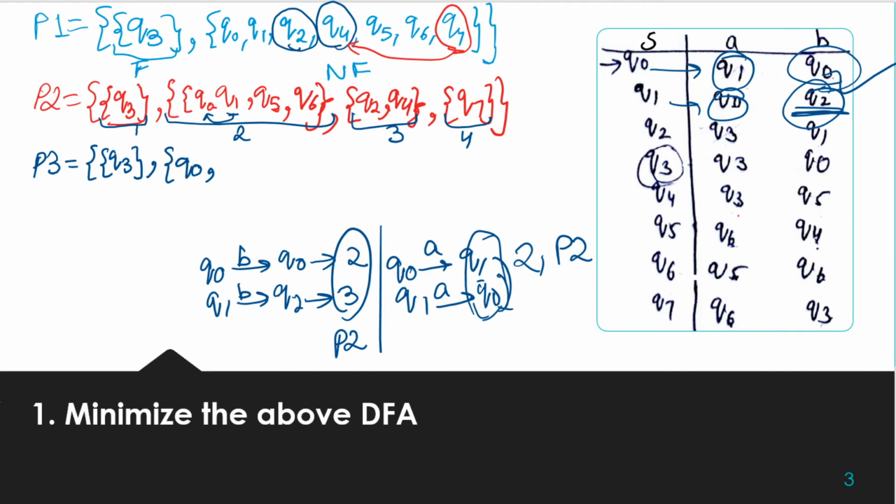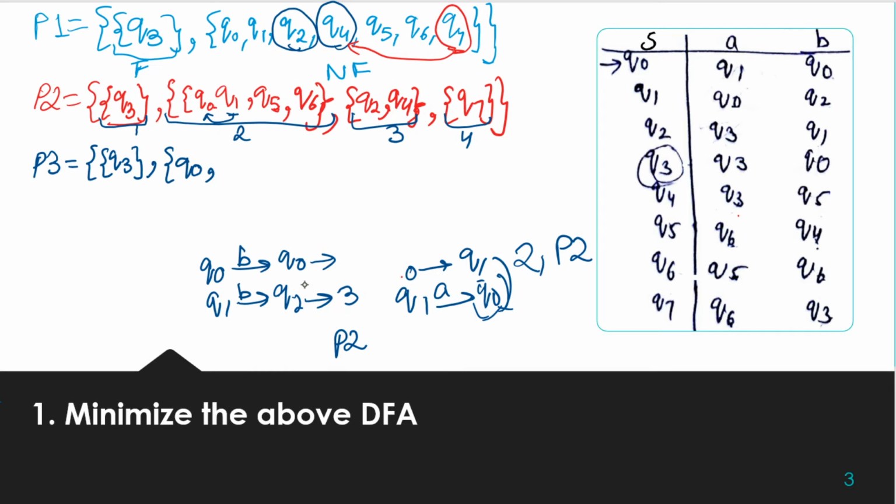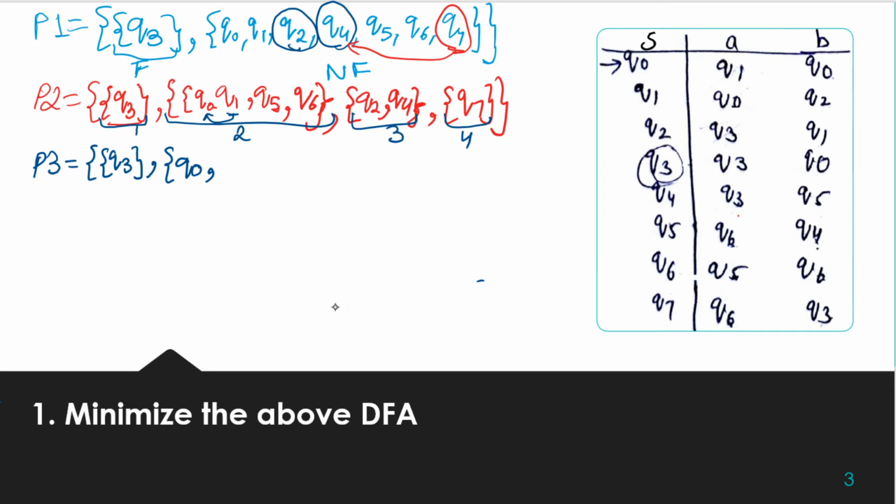So we can say that Q0 and Q1 are not compatible anymore, and we cannot keep these states in the same group for partition 3. So Q1 is not placed anywhere.